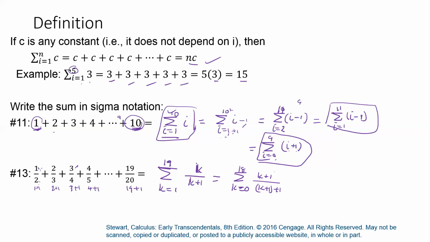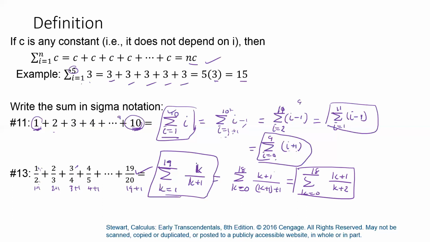Okay, so that I get 18 plus 1 is 19. So if you simplify that, it gives me 18, and then k from 0, you get k plus 1 over k plus 1 plus 1, which is k plus 2. Okay, so this also works, will generate this sum easily, as well as that is also correct.